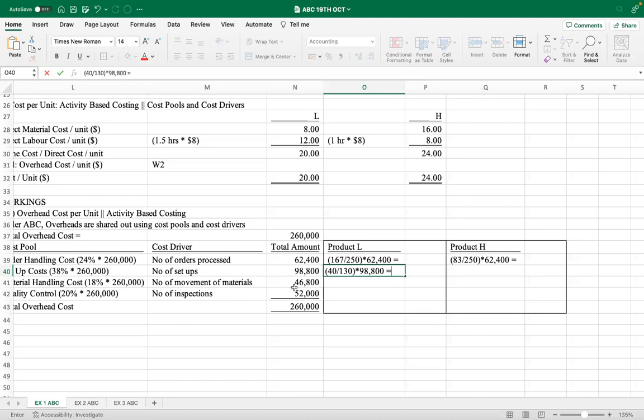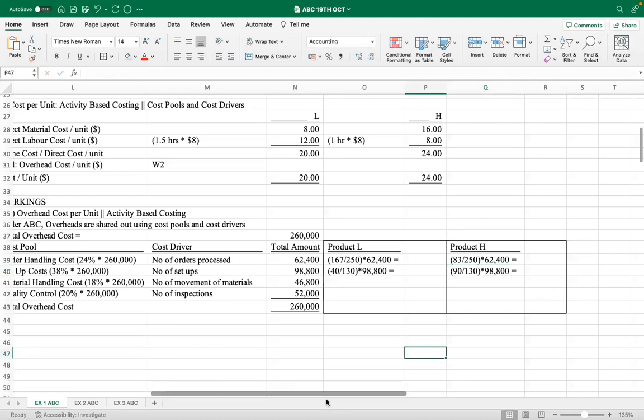You get your result there. The other side is 90 over 130, close the bracket, times 98,800. You get your result also.